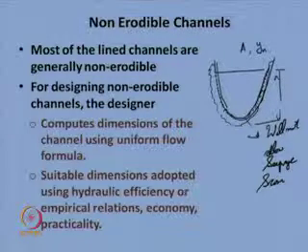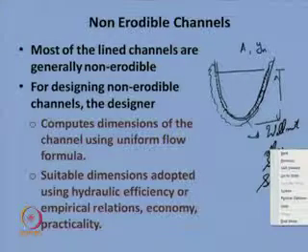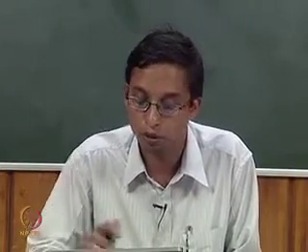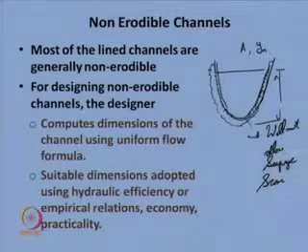Based on that, one can decide the dimensions of the channel, what type of channel is to be incorporated, and for the given amount of flow, what depth is required. He can compute it using the uniform flow approximations.